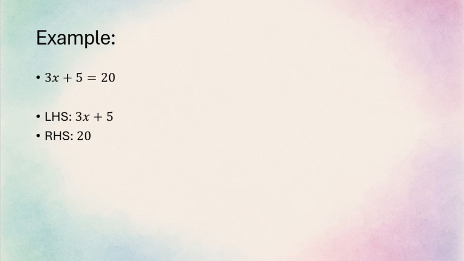This is just what one would look like. This is an example of an equation. If you have a look here, I have my equal sign. I'm just going to show you what the left-hand side and the right-hand side is. So on the left-hand side we have 3x plus 5, and on the right-hand side we have positive 20. Okay.